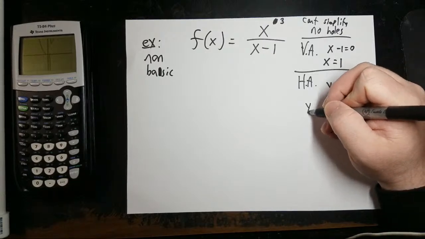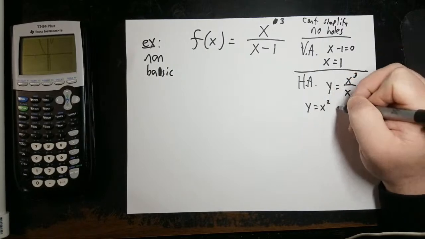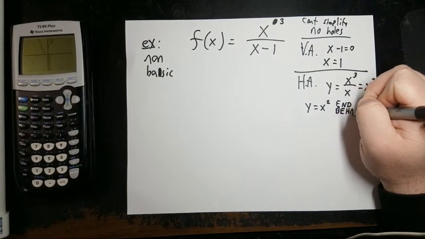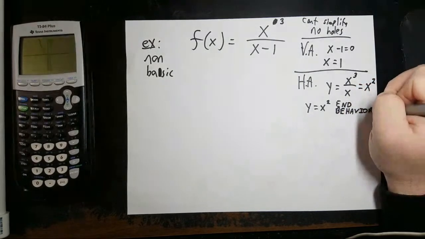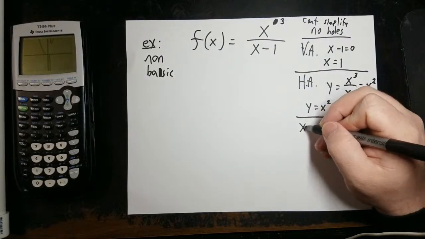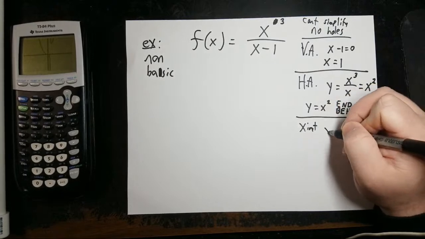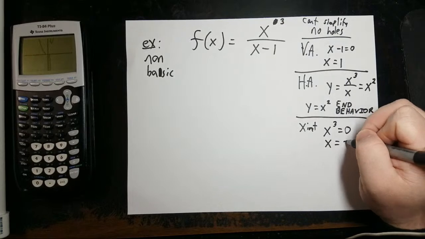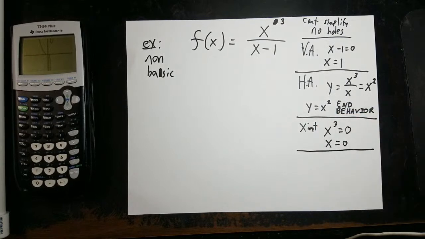Again, this y equals x squared determines the end behavior of your graph, and I'll recap this in a moment. You can find an x-intercept by setting the numerator equal to 0 and solving. This would only get you x equals 0.